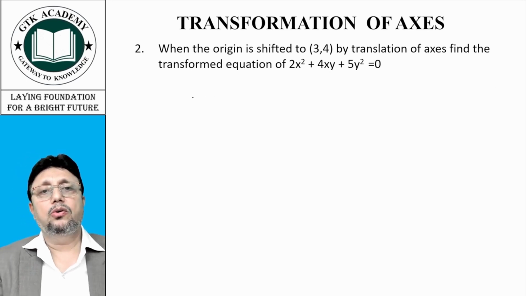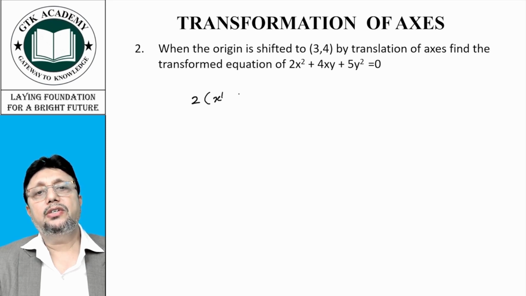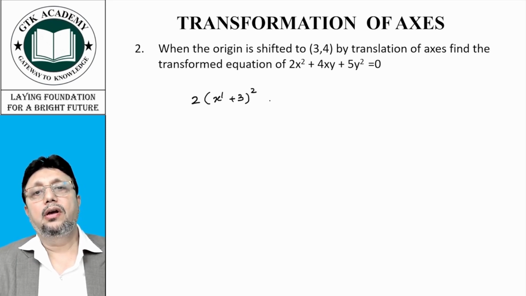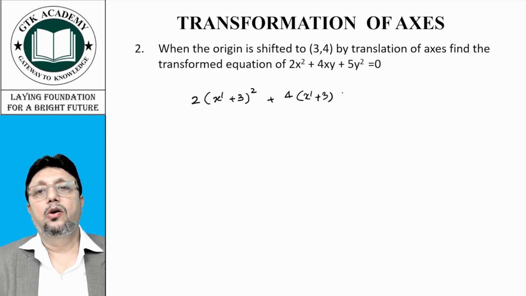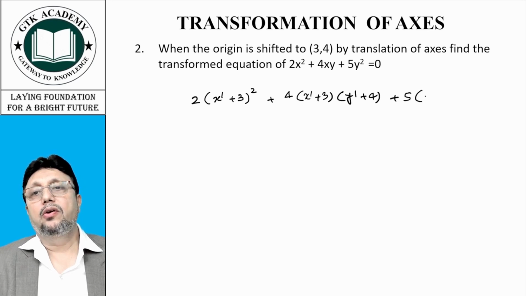So we'll just write, instead of x, we'll write x dash plus h and y dash plus k instead of y. So the equation will be 2(x dash plus 3) whole square plus 4(x dash plus 3)(y dash plus 4) plus 5(y dash plus 4) whole square is equal to 0.